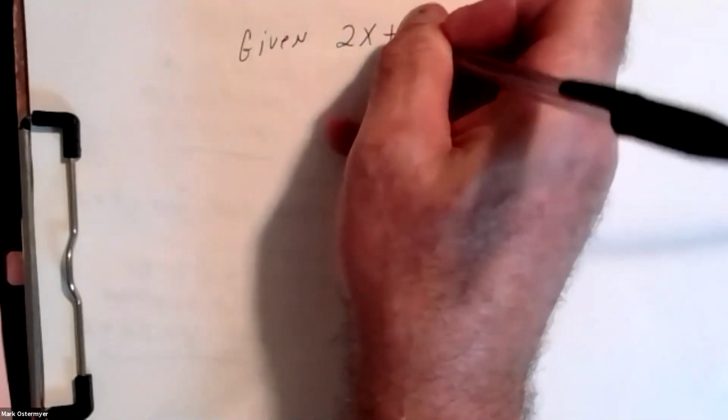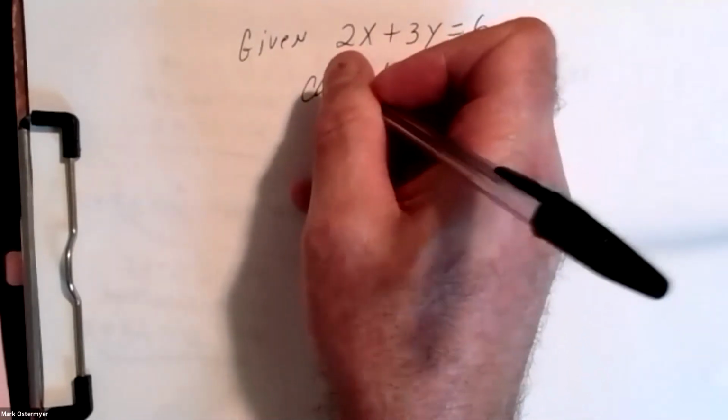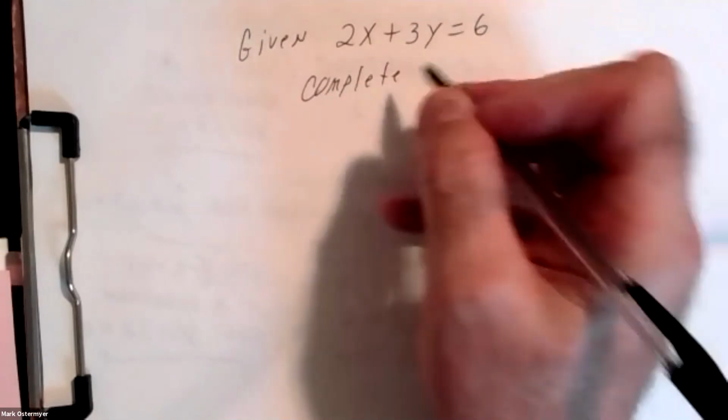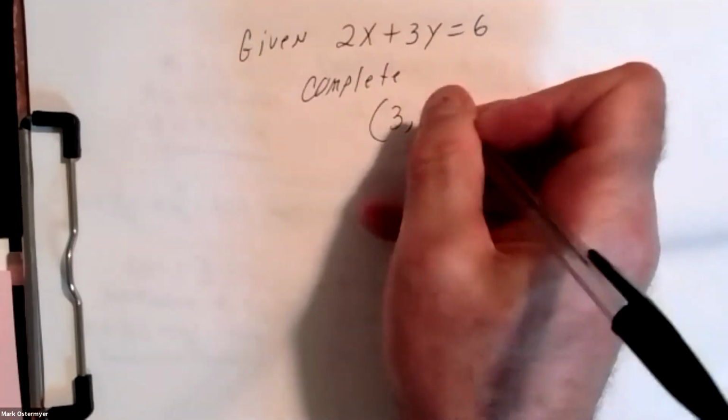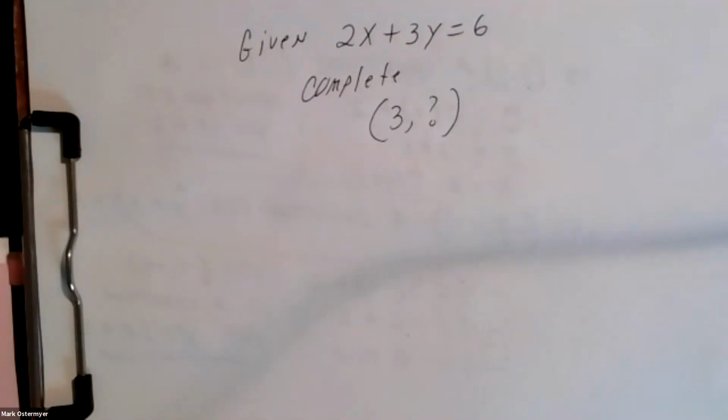So you guys try this one. Given 2x plus 3y equals 6, I want you to complete this ordered pair here. In order for that point to be a solution to our equation, what would have to be its y coordinate? Go ahead and complete that.